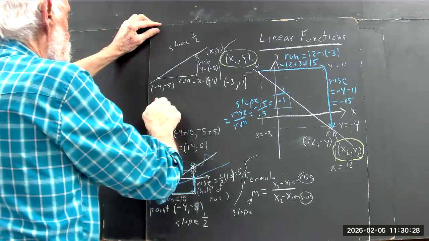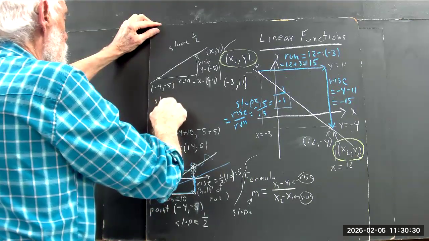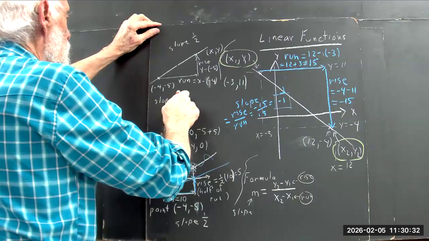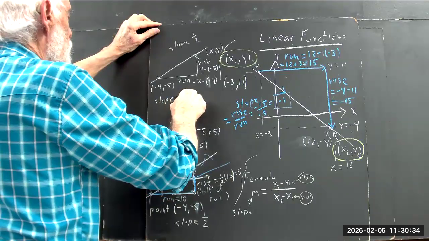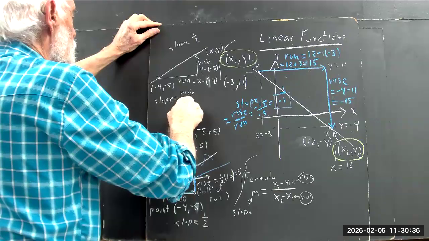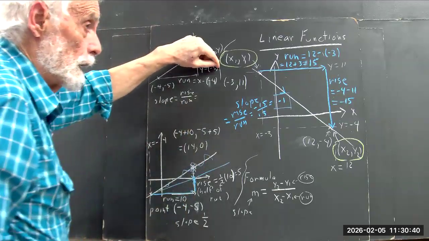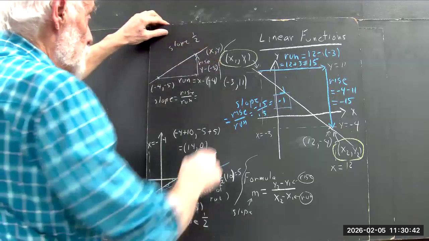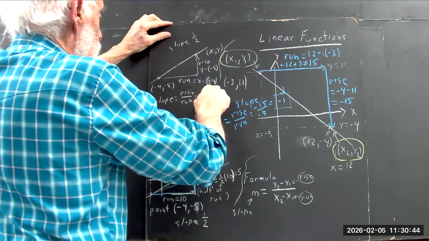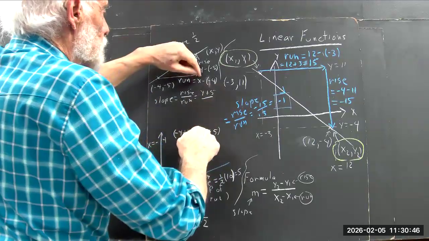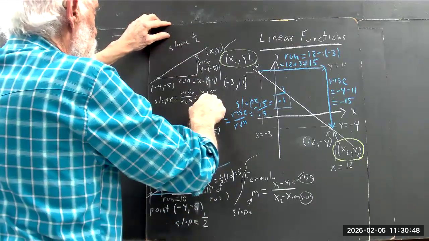Rise over run is then y minus -5, but of course that's y plus 5. So I'm going to write down y plus 5 over x minus -4, I'm going to write down x plus 4.